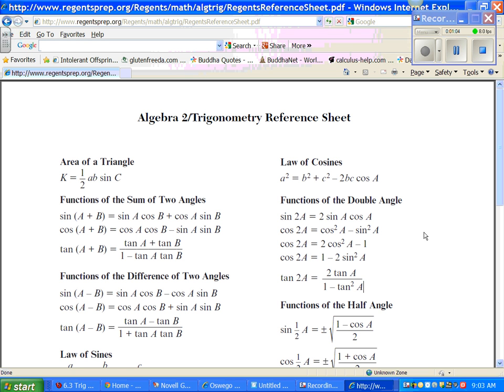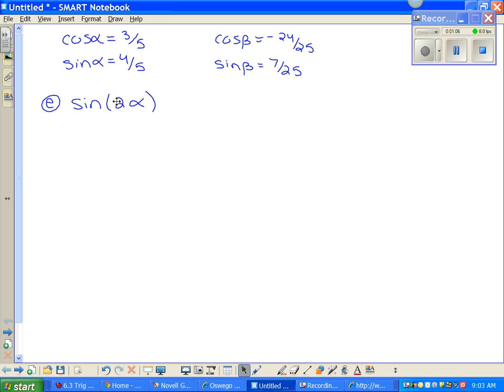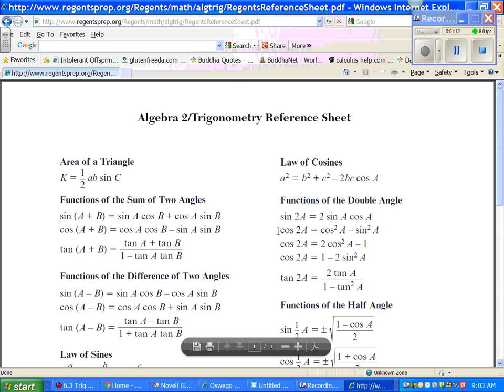Okay, so since we already have both sine and cosine for alpha, we're dealing with sine, so we're only dealing with this identity, right? So I want you to go ahead and write down that identity. Sine of 2a equals 2 sine a cosine a.